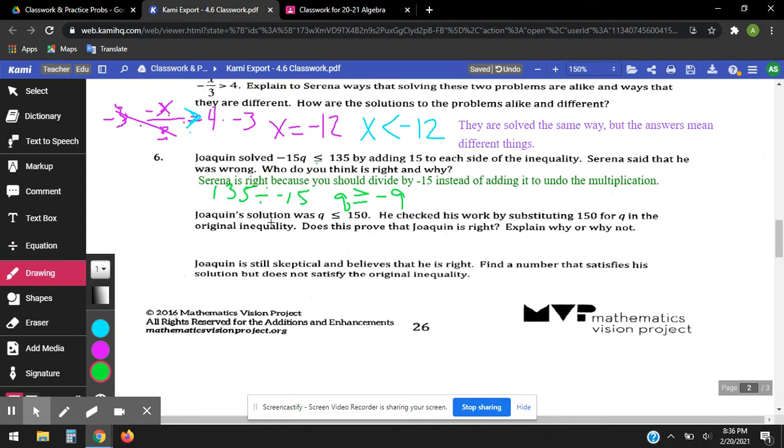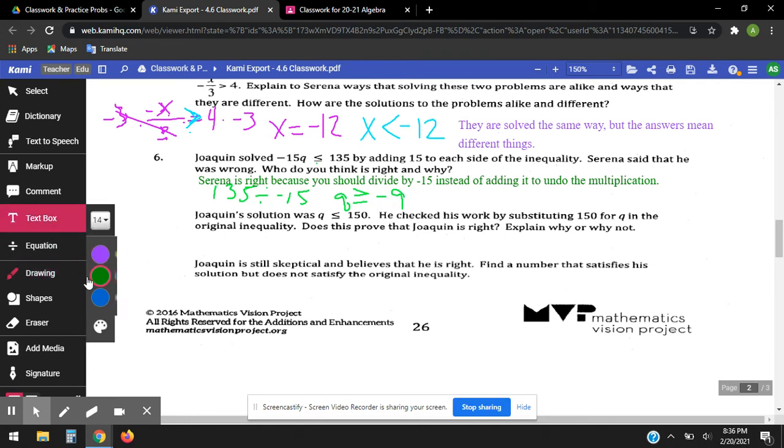Okay, so his solution was q is less than or equal to 150. He checked his work by substituting 150 in for q in the original inequality. Does it prove that he's right? Well, yes and no. If he puts in 150, that number is actually greater than negative 9, and there are a lot of numbers greater than negative 9.